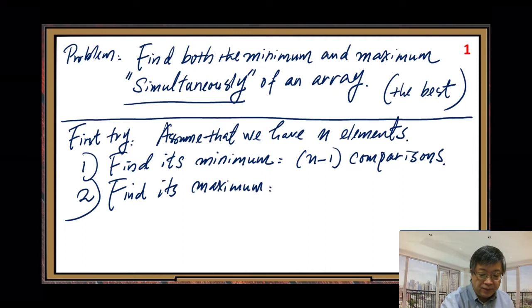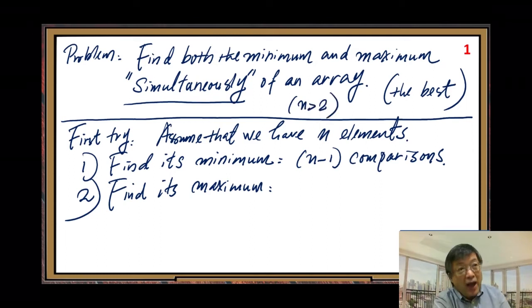But this time, when you find the maximum, can you remove the minimum? Yes, because the minimum cannot be the maximum, right? Here we can consider n greater than 2, then you need to do some meaningful work. Otherwise, too trivial, right?